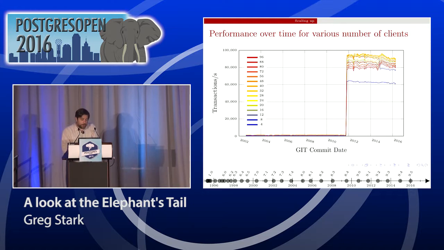So on this graph, you see over 60,000 read-only transactions per second if you have 4 clients, and nearly 100,000 when you have, there's only 8 cores on this machine. The highest here I think was 32 clients, and then above that you get some contention.